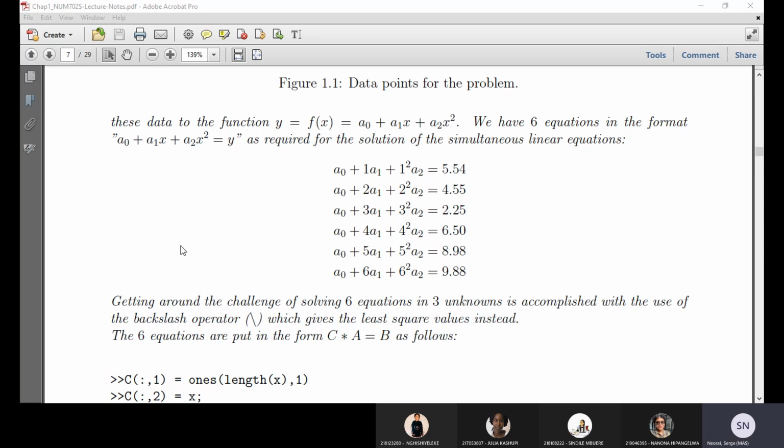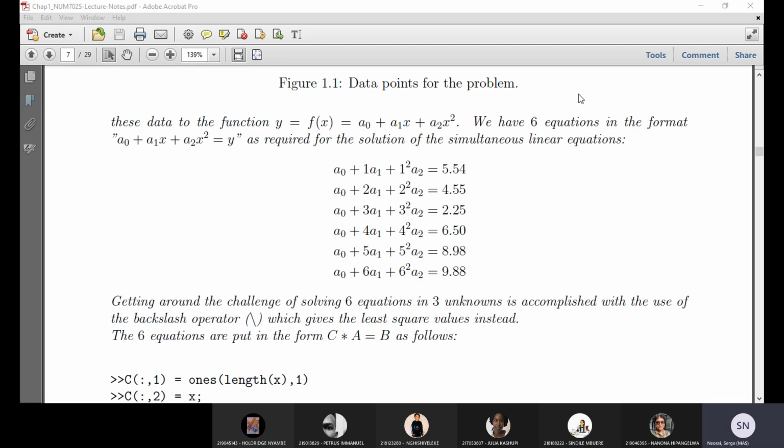So that's what we did. We used MATLAB. We used the backslash function. And if you recall well, I said that the MATLAB backslash function can also solve overdetermined or underdetermined linear systems. That is the least square method.